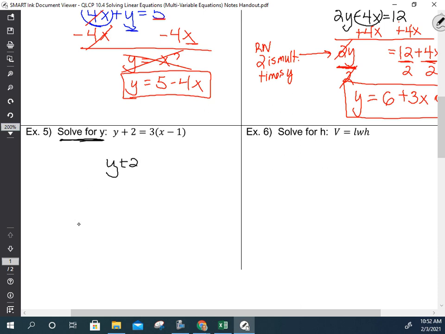So what's in this problem that's showing up for the first time? Something's showing up for the first time in this lesson today.